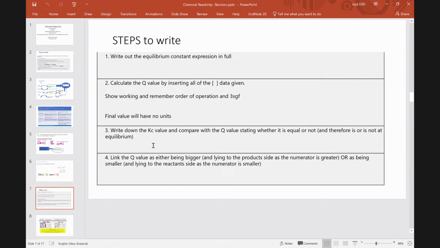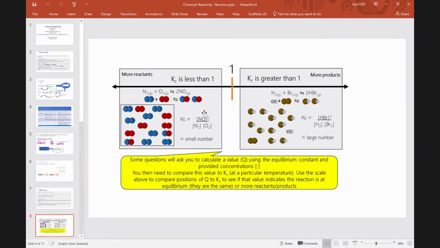Now, one thing in equilibrium constant, which I will show you very shortly. What is the next thing? This is the key thing you have to remember. If your final answer for the equilibrium constant is less than 1, then it means there are more reactants than products.